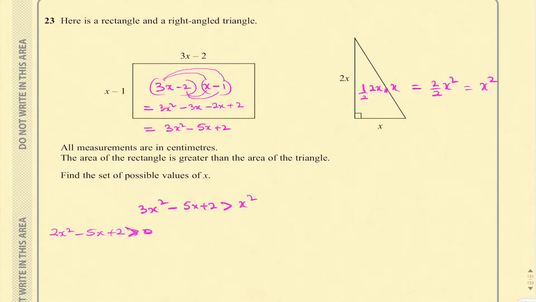Well, to solve this, all we need to do is factorize. So we find AC. A equals 2, B is minus 5, and C equals 2. So AC is 2 times 2, that's 4. Two numbers that multiply together to give 4 and add together to give minus 5.